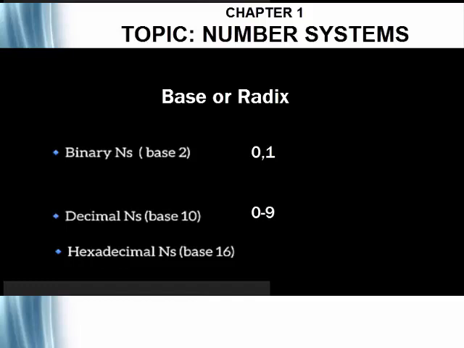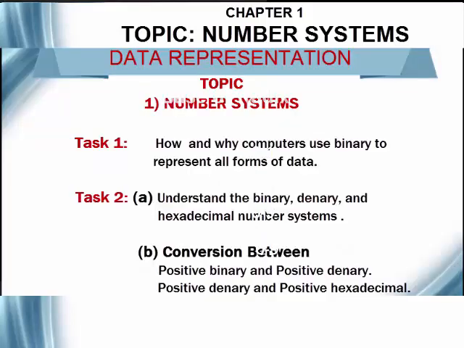The hexadecimal number system has base 16, which means it consists of the numerical values 0 to 9 while A to F are alphabets. If we count these numeric values as well as alphabets, the total will be 16. That is why the hexadecimal number system has base 16. Now move to part 2 of task number 2.